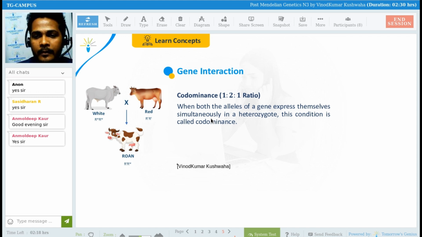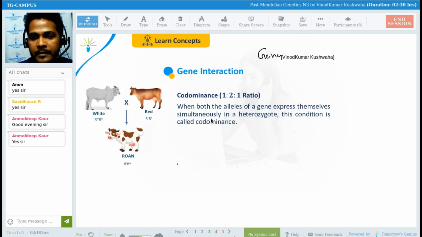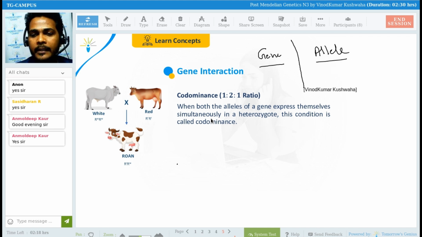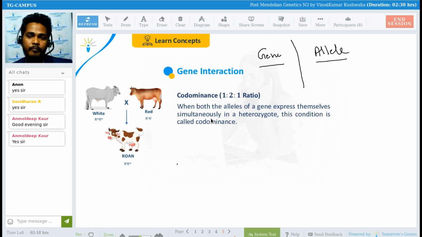Yes, let me write here. The first one is gene, another one is allele. So how will you differentiate between these two? What is a gene and what is an allele? Sir, a gene represents a particular character and the allele is each trait of that character.